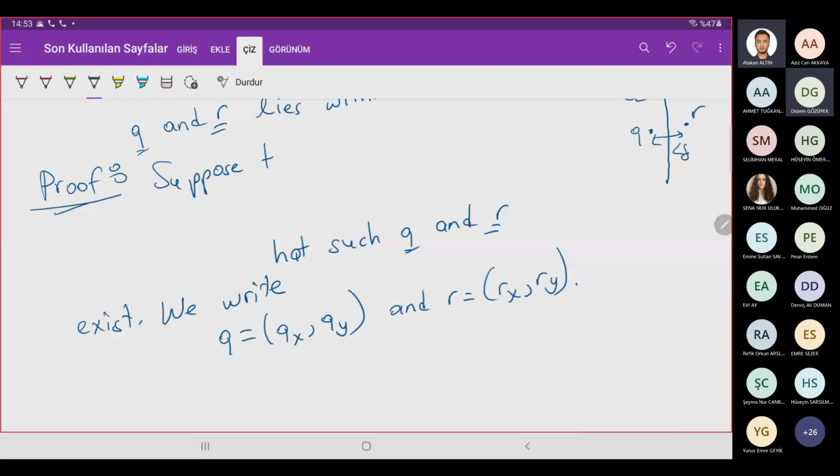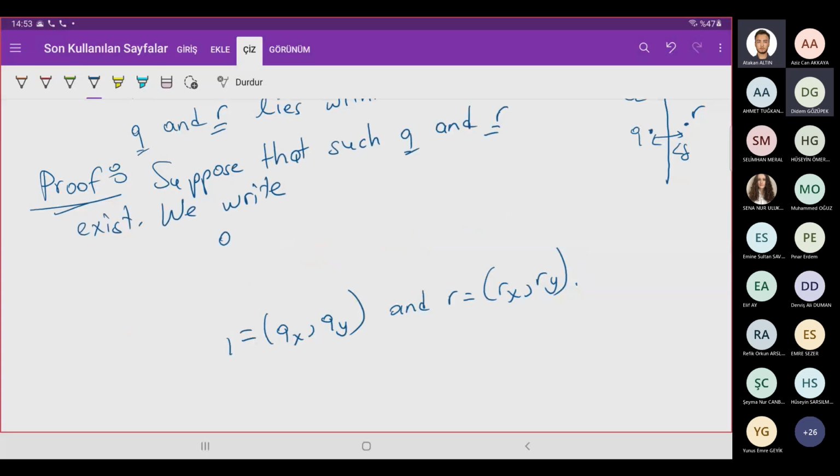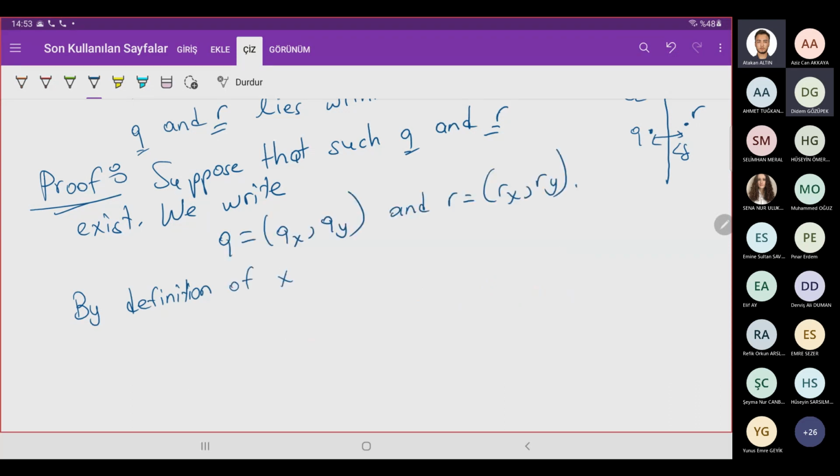By definition of x star, we know that qx is less than or equal to x star, and that's less than or equal to rx, okay?